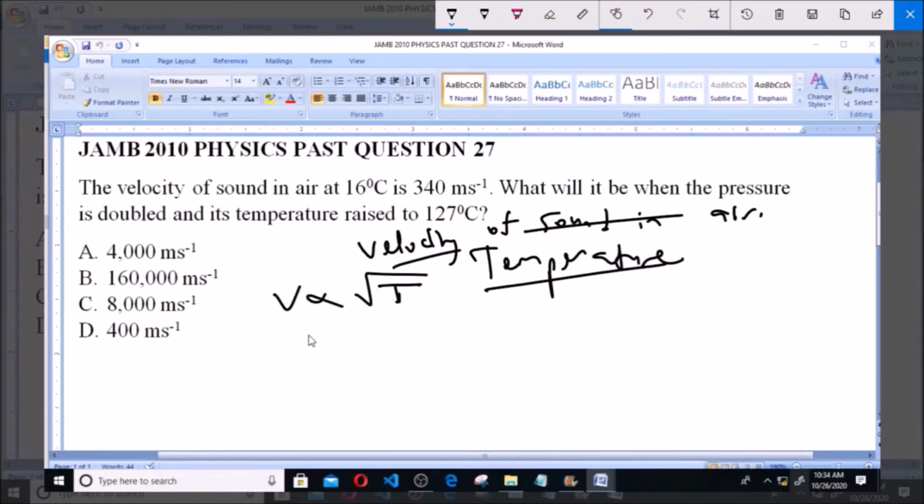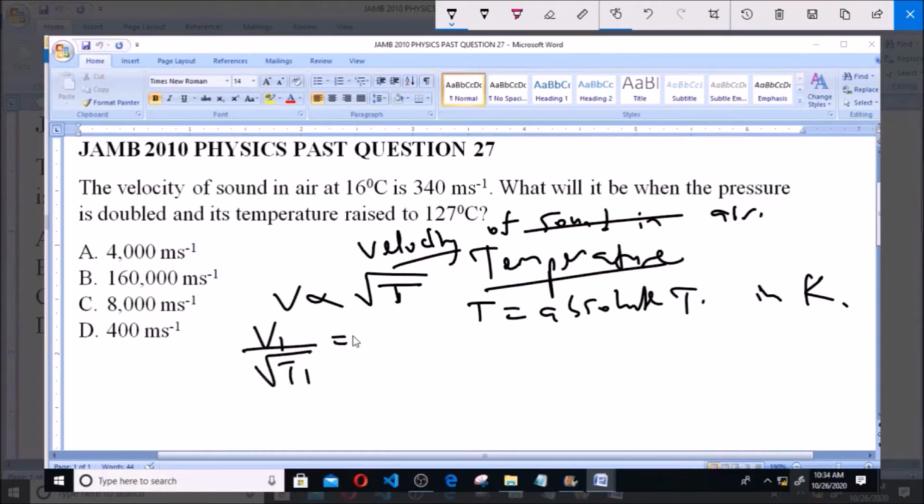Now, T, of course, has to be absolute temperature, that is in Kelvin. So based on this relationship, if you have two velocities and temperatures given to you, it will then be V1 over root T1 is equal to V2 over root T2.